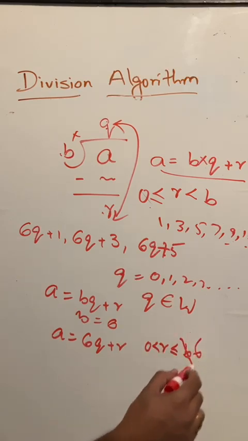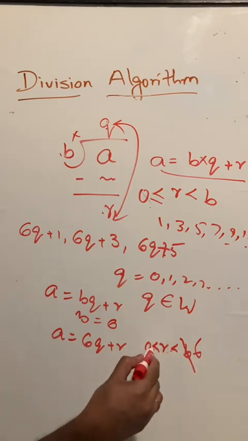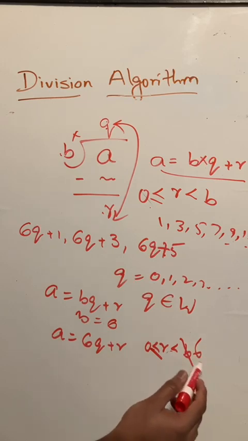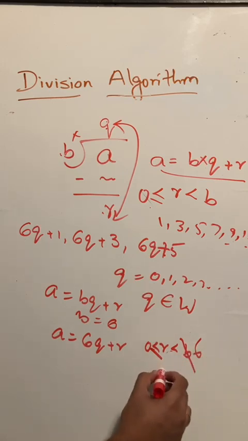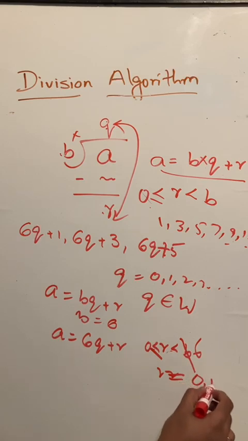Here B is 6, so R can be from 0 up to 6, but not 6. So the values R can take are 0, 1, 2, 3, 4 and 5.